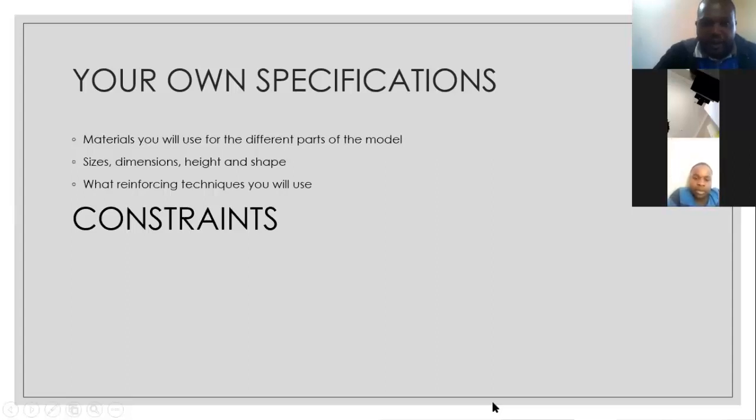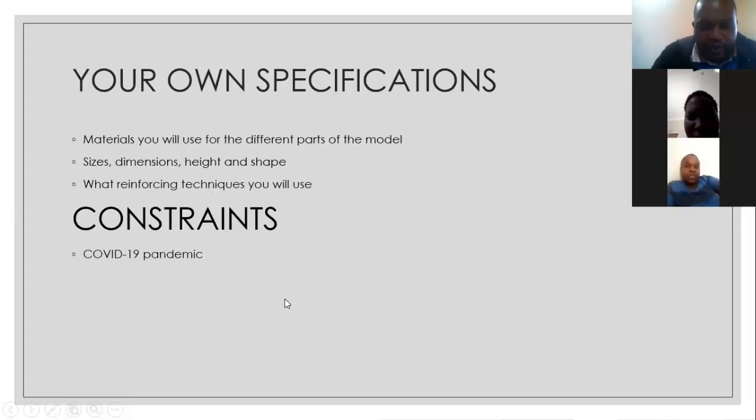Constraints, if you look at the situation we have now, we've got the COVID-19 pandemic. This can be a constraint because you will find that people are unable to move. Right now, we are unable to be in class because of the pandemic. So this becomes a constraint for us, and it can affect us in doing our projects.